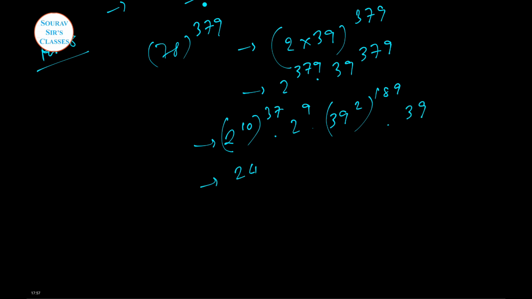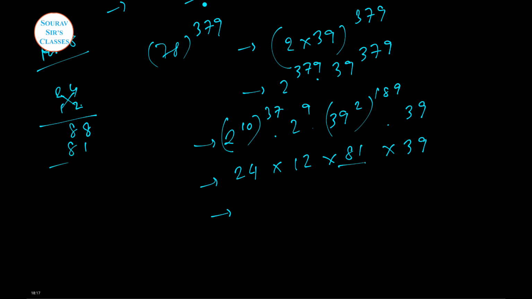So this is 24, the odd one, 2 to the power 9 is 512, so only 12, this is 81, and this one is 39. All you have to do is multiply all these, and there's a trick also. 24 into 12, don't need to multiply all, just multiply the last 2 digits: 4 2s are 8, and this cross, 2 2s are 4, so this is 88. 88 into 81: 8 1s are 8, and 8 8s are 64, plus 8, 72, so 28.